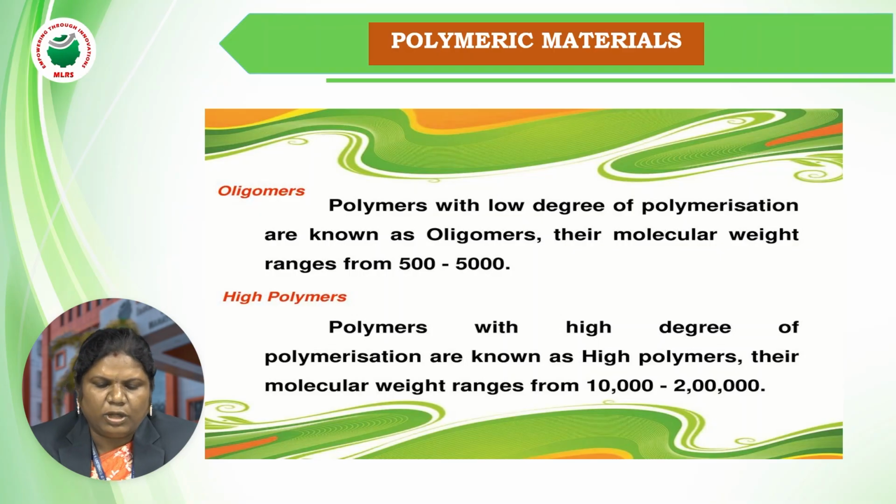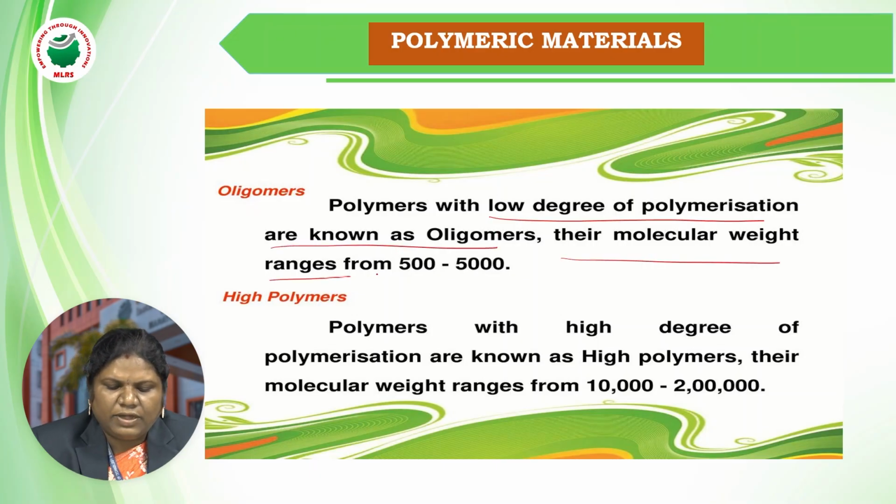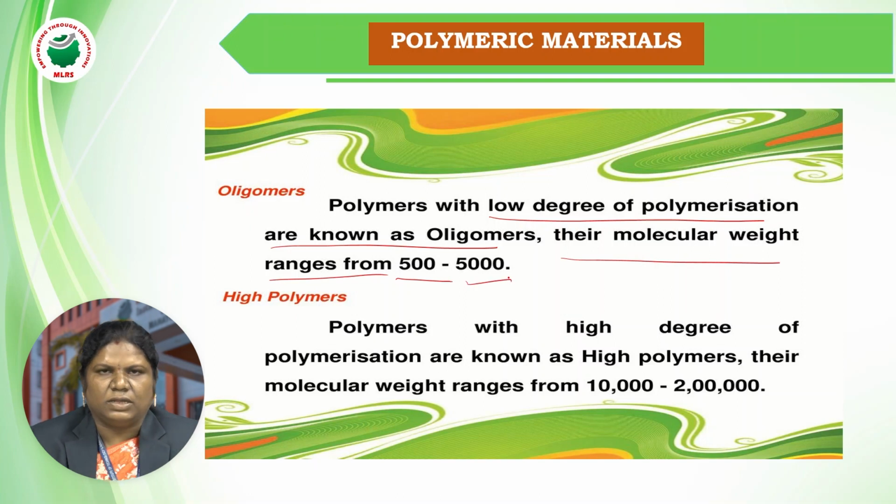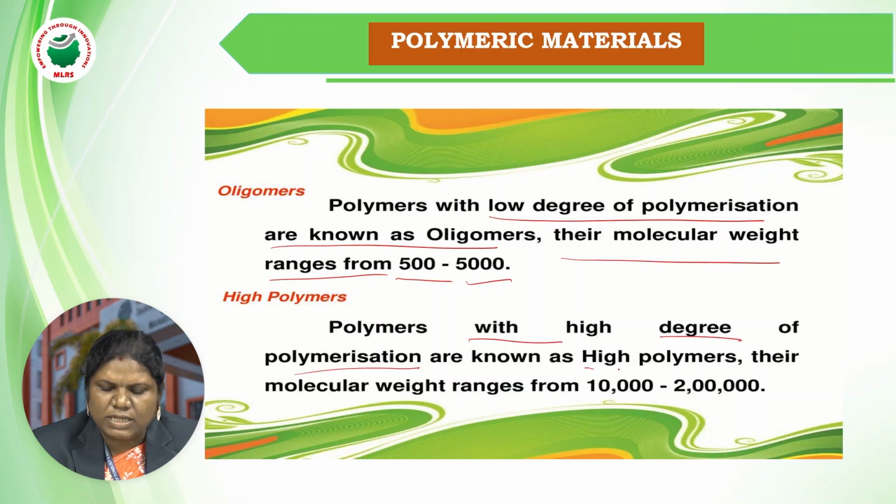Coming to the oligopolymers, polymers with low degree of polymerization are known as oligopolymers. Their molecular weight ranges from 500 to 5000. If a polymer chain has a molecular weight of 500 to 5000, it will come under the category of the oligopolymers.